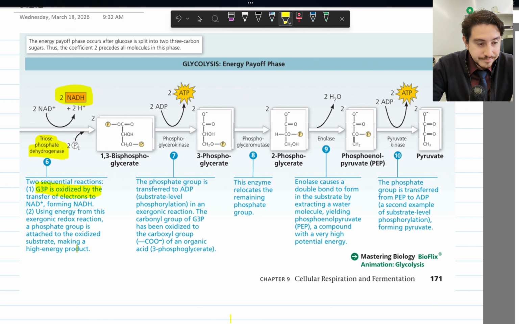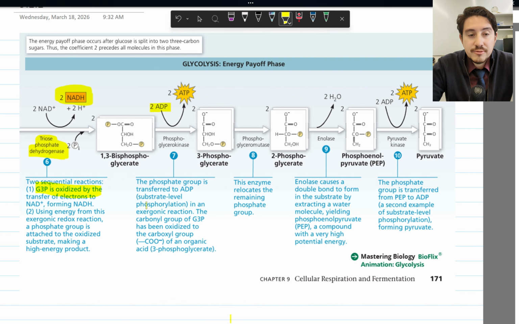Always occurring in redox reactions. So this would be a very high energy product. This high energy product provides the energy to give ADP a phosphate and produce ATP, with phosphoglycerate kinase.